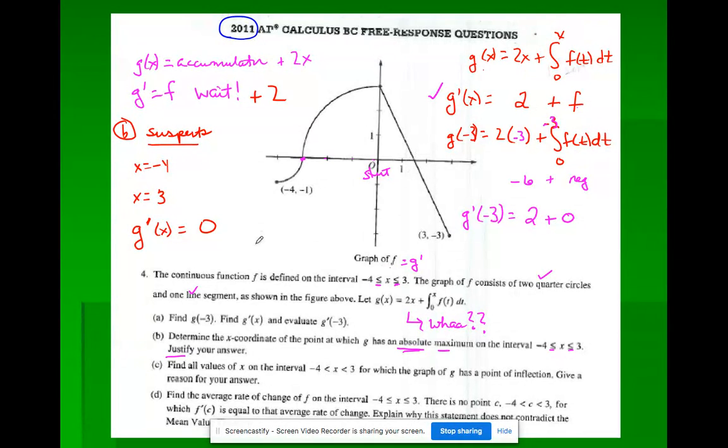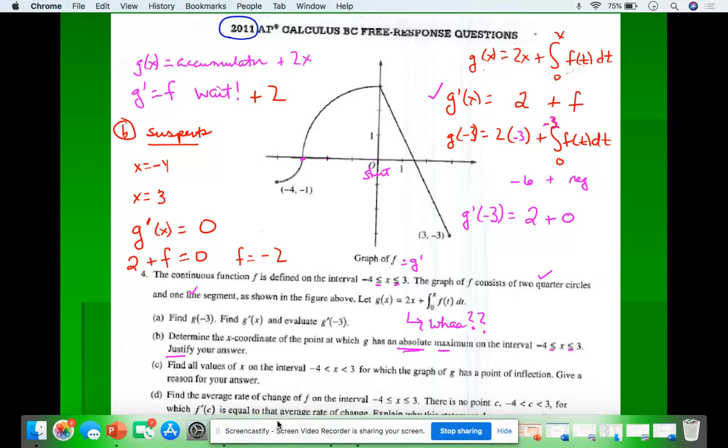Remember, g prime was 2 plus f is equal to 0. So that is actually when f is equal to -2. Oh, this was a twisty, tricky problem. So I had to get that out of my way.